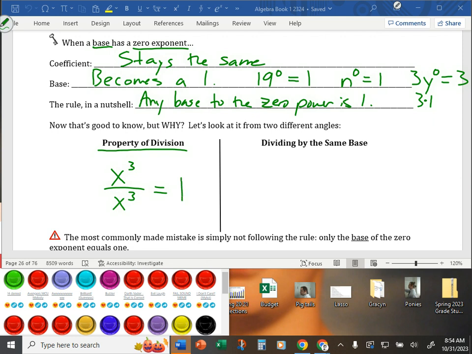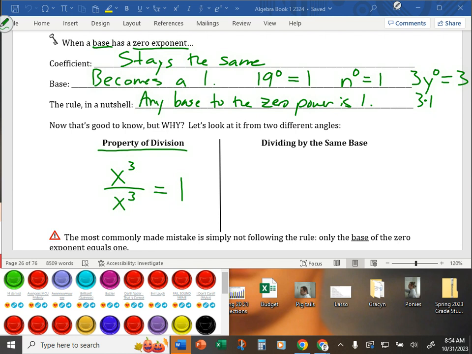Yes, anything divided by itself equals 1. What about 0? We're not going to go there. This is already confusing enough. Can you all agree with me on that? You've heard that property of division before, that anything divided by itself equals 1.